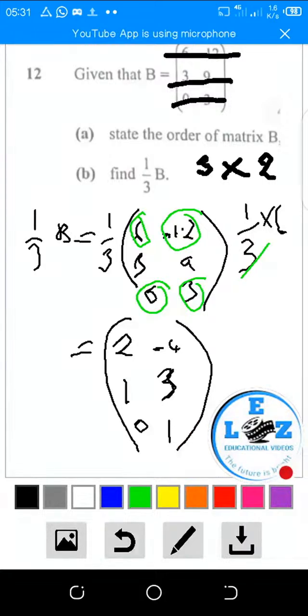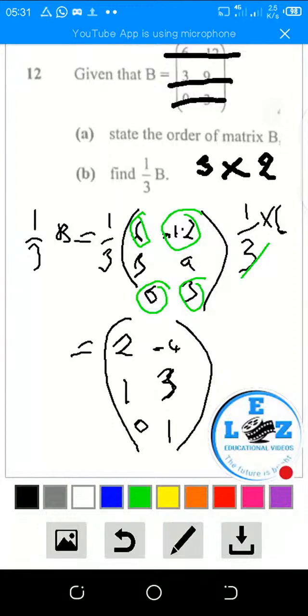So when we are given a fraction to multiply by a matrix, that's what we do. If you don't have questions, that's how you do it. If it was 1 over 2, we could have divided all the numbers inside by 2.